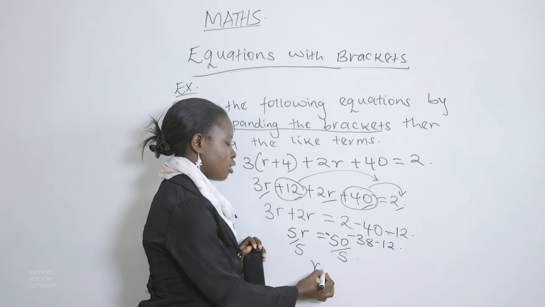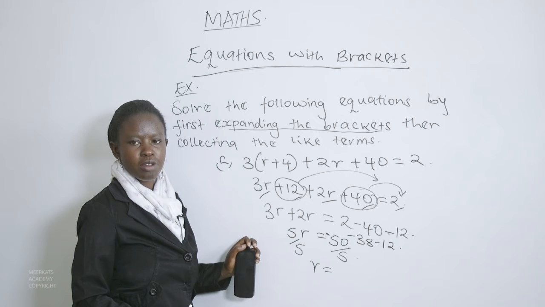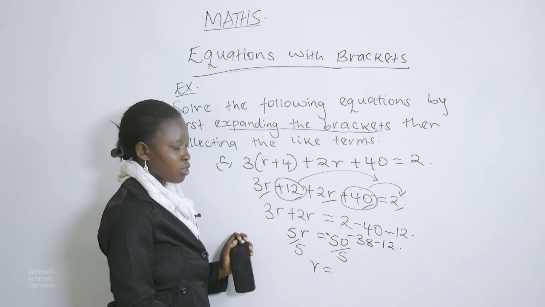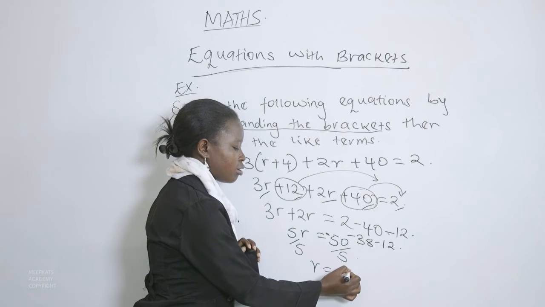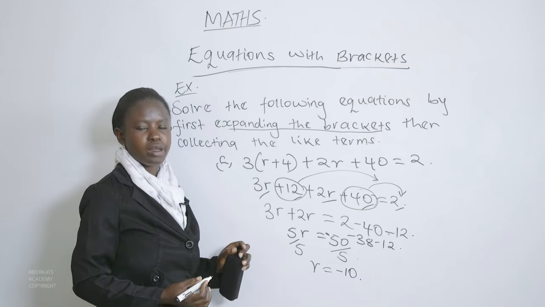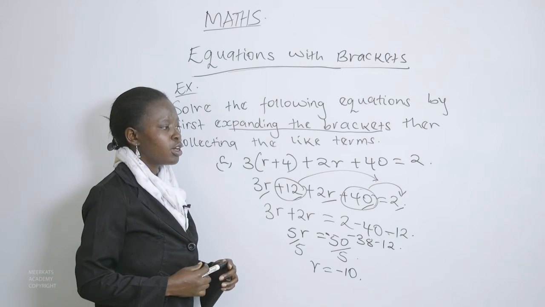So that our value for r will be negative 50 divided by 5. This is a negative number divided by a positive number. It gives us a negative 10. So negative 50 divided by 5 gives us negative 10 as the value of r.